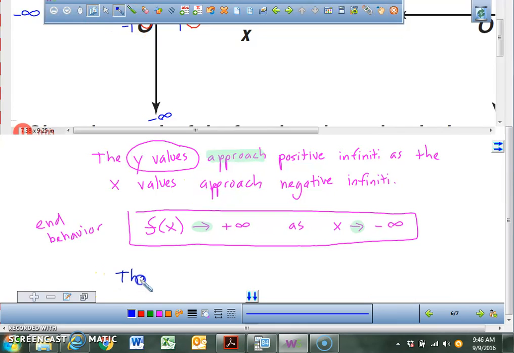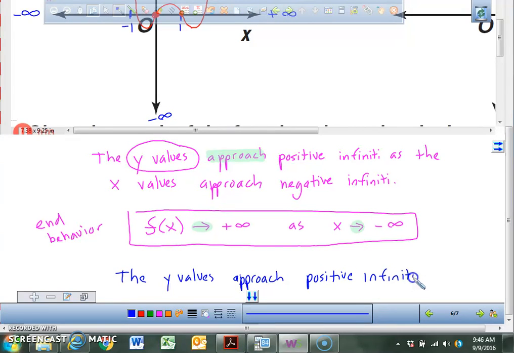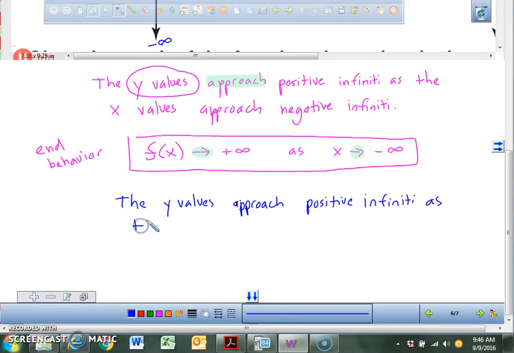I'm going to put the y values, this is in blue, the y values approach positive infinity as the x values approach. How am I going to finish this sentence though? Positive infinity. Positive infinity.